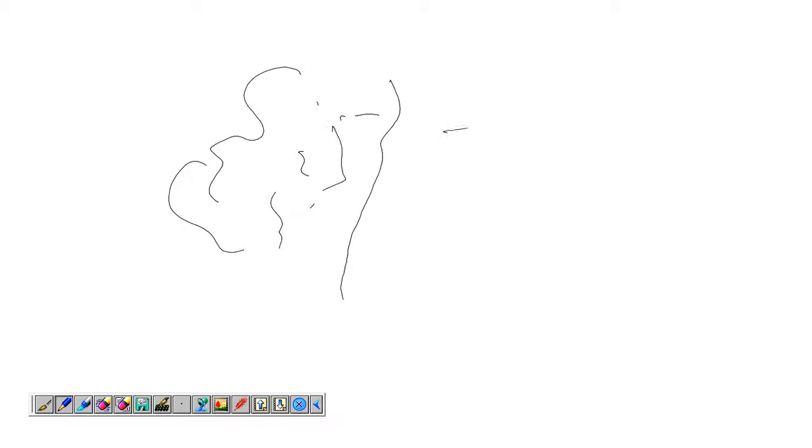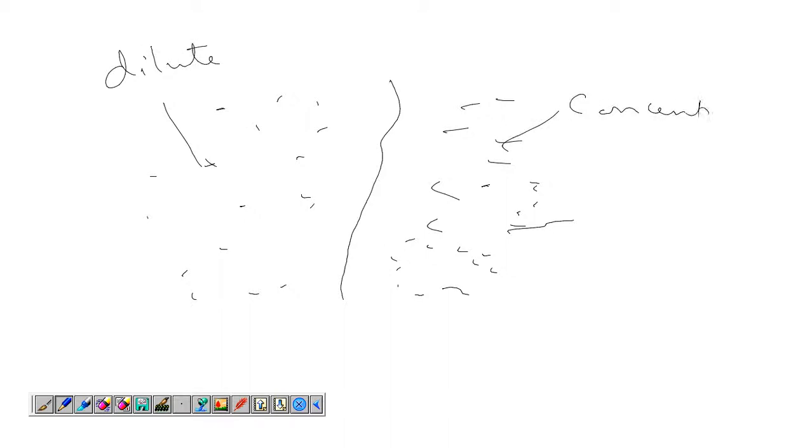So suppose this is that membrane, this is one side and this is the other side. Bear with my drawing. I want to show that the left side is more dilute, and this is concentrated.